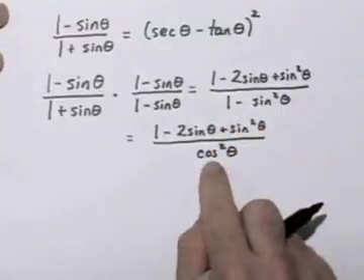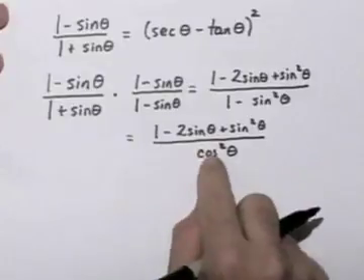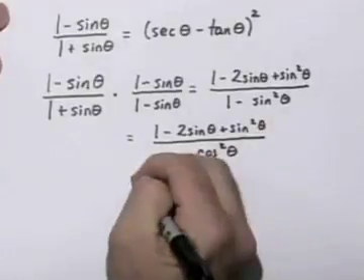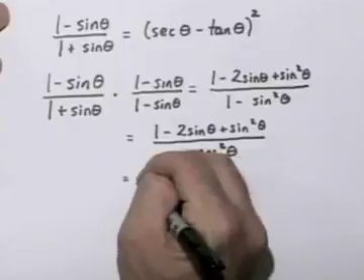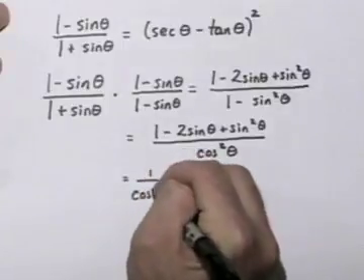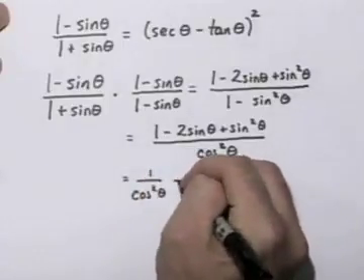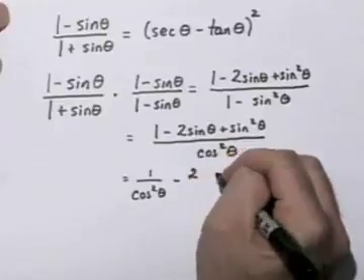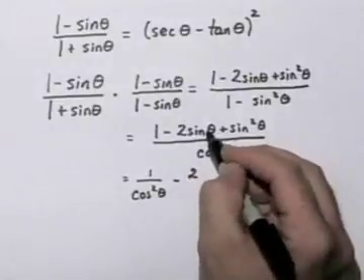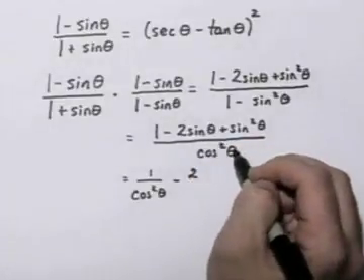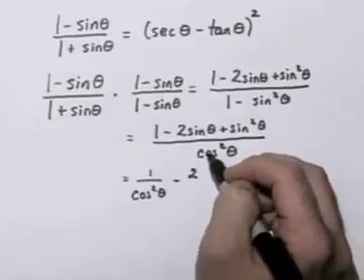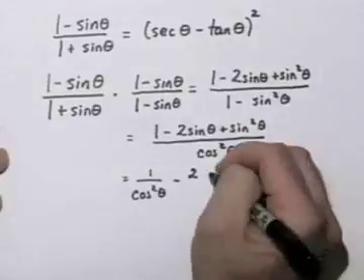Now I'm going to divide my denominator into each term in the numerator. So I get 1 over cosine squared of theta minus 2. Now what I'm going to do here is it's sine theta over cosine squared of theta. What I'm going to do is split up my cosine squared of theta.